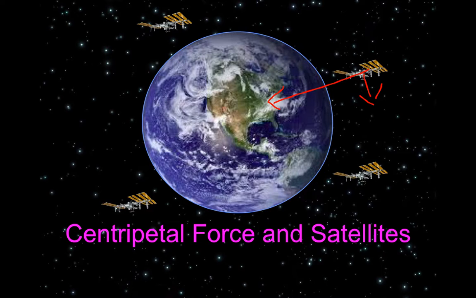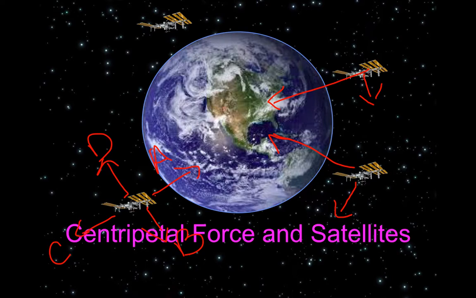Same thing again, towards the center of the Earth and the tangent line. And finally, the last one, let's do 4 arrows and let's label them A, B, C, and D. Which one is the inertia? Which one is centripetal force?